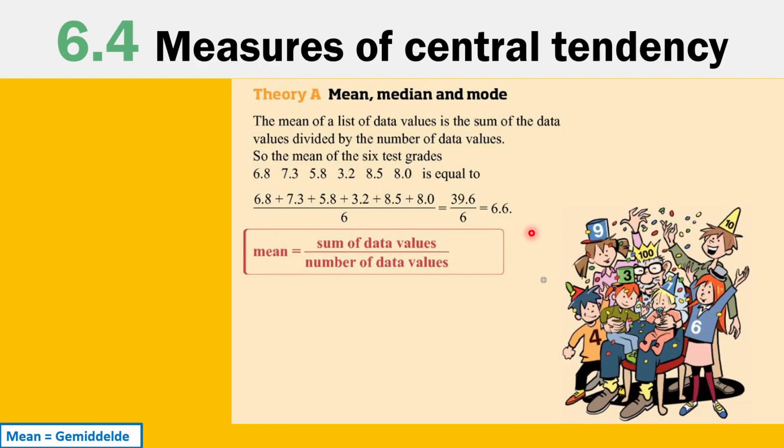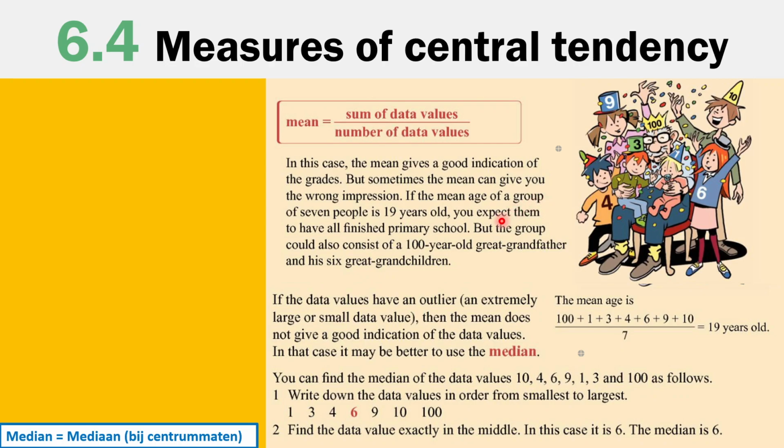This is the most common one, not always the best one though. For example, if I take a look at all the people in this picture here, then we have a person that is 4, 3, 9, 1, it's on its hat, 6, 10, and 100 years old. If I would now ask you to calculate the average age of all those persons here, well, the average here, the mean, is going to be 19 years old.